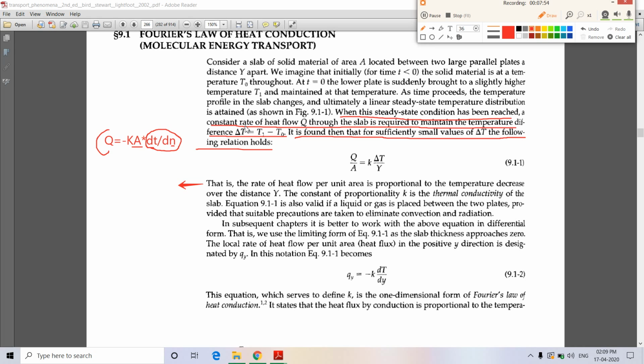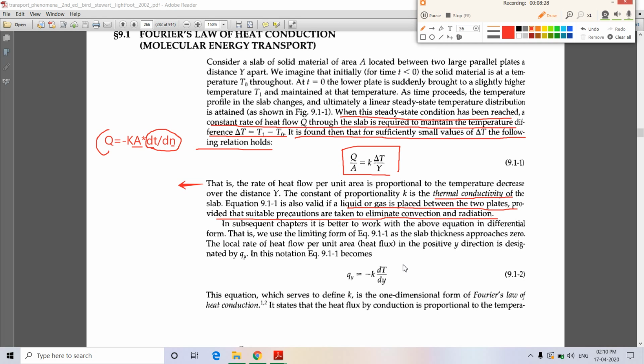gradient. A similar equation is Q upon A is equal to K into delta T upon Y. The constant of proportionality K is the thermal conductivity of the slab. This equation is also valid for a liquid or gas placed between two plates, provided that suitable precautions are taken to eliminate convection and radiation.